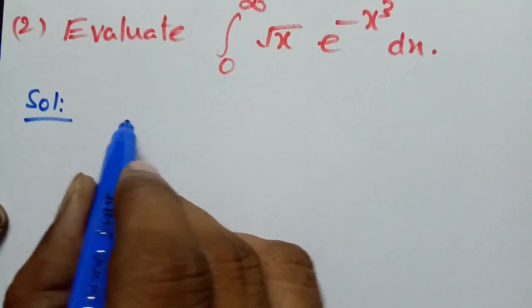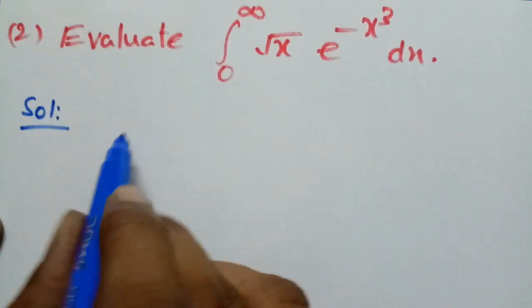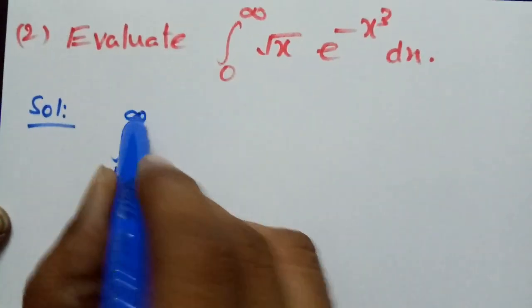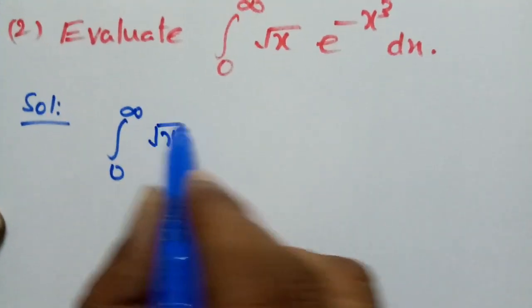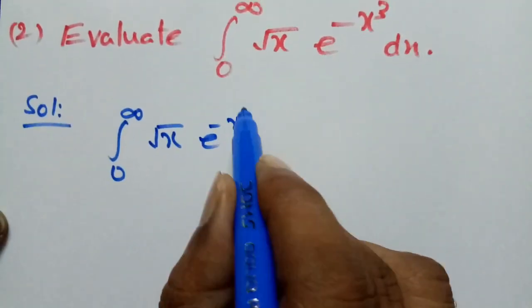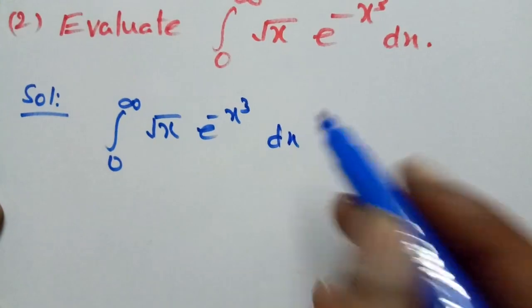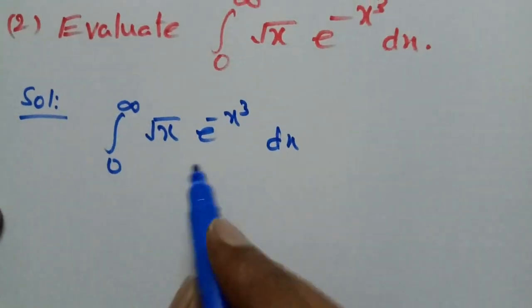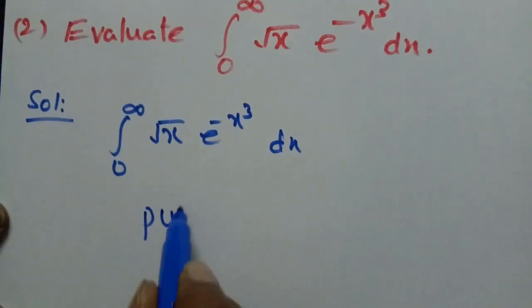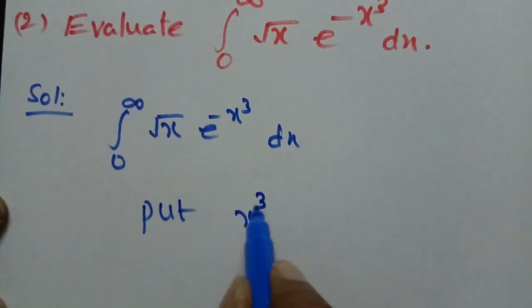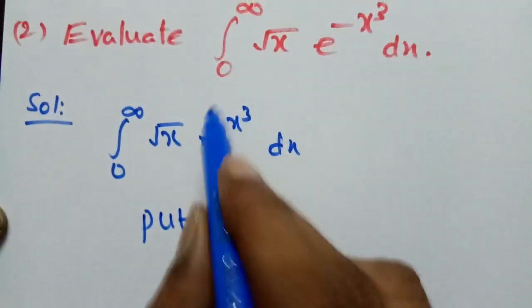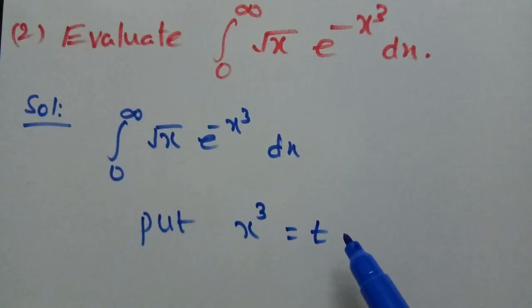For this, the given integration is square root of x into e to the power of minus x cube dx. Therefore, to get e to the power of minus t, we are substituting x cube is equal to t.